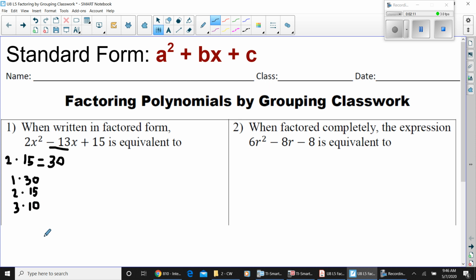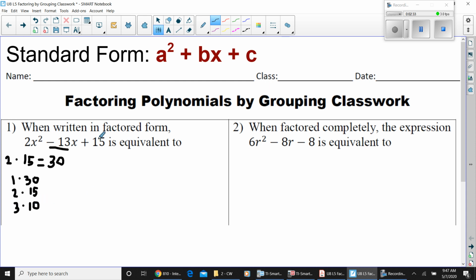You can even go 6 times 5, but you're going to use one of these. Because with the 2 and the 15, you can make negative 13, and with negative 3 and 10, you can also make a negative 13 by putting negative and negative.